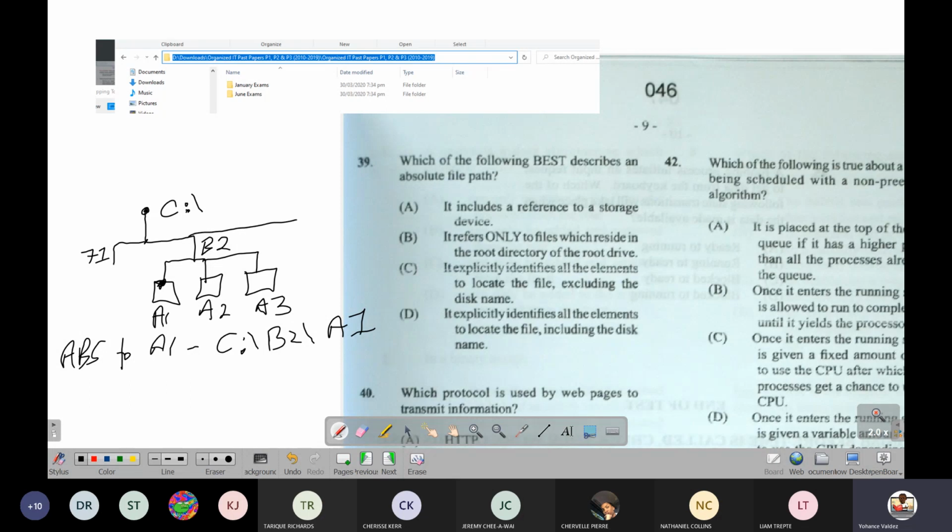Let's say, for instance, I had a file outside here, and this file was E1, and I wanted to reference E1 from A1, from inside of A1.